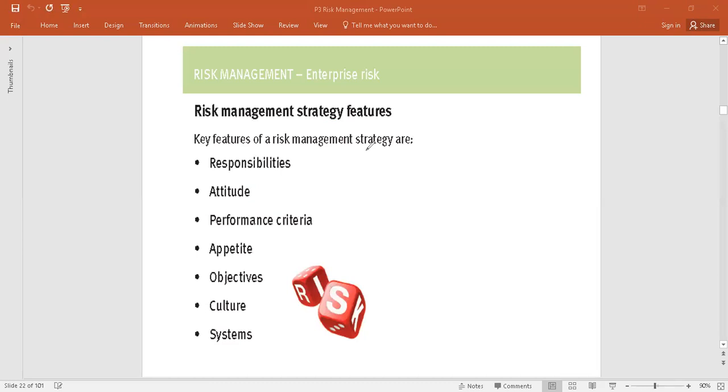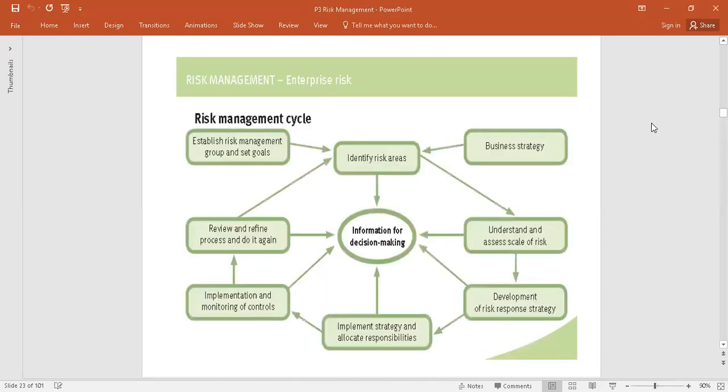So at any level, anybody taking a decision involving risk ultimately has to focus on the overall objectives of the organization: performance criteria, their appetite to take up the risk, their capacity to bear the risk, the overall objectives of the organization, the culture prevailing in the organization, and the systems present in the organization. These aspects should be taken into consideration when strategies involving risks are framed.